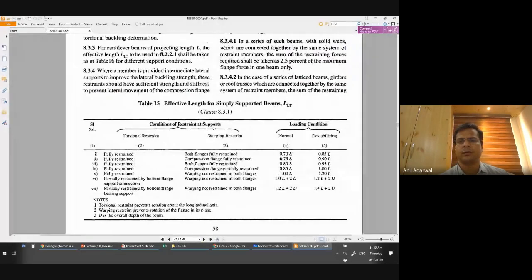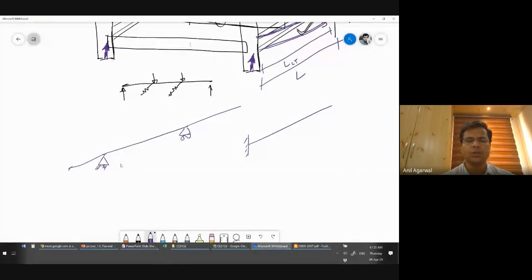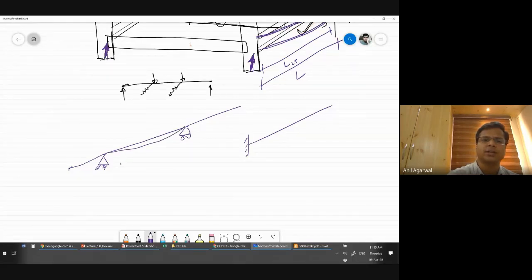Since the beam wants to buckle laterally, torsional and lateral, if this was the original cross section, now it wants to undergo this kind of lateral movement, right? So now what we have to see is whether the supports that we have, and these need not be these supports only.